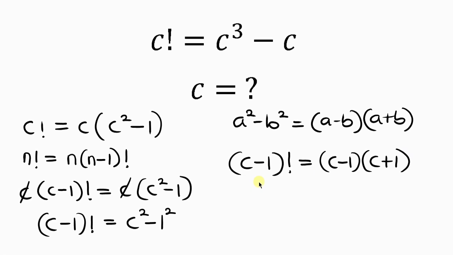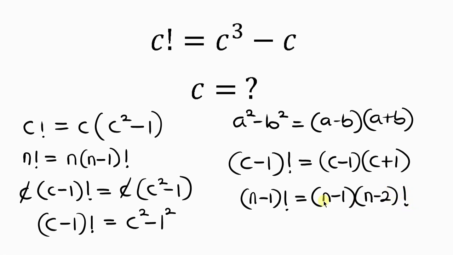Our next step will be for us to apply the property of factorial, which says when I have n minus 1 factorial, this is the same as n minus 1 times n minus 2 factorial. So let's apply this property to what we have here.